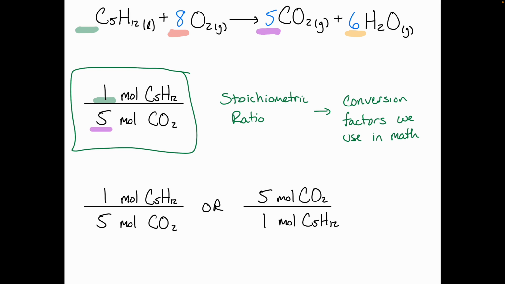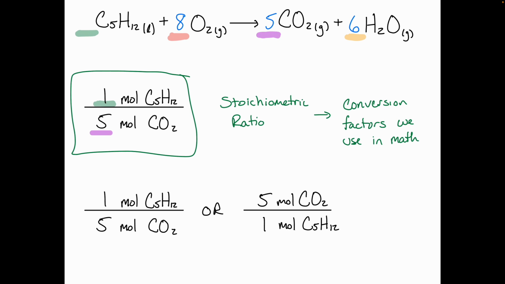Which one we're going to use depends on our problem and our math. We're going to pay careful attention to our units. Now, looking at this carefully, if I said 1 mole of C5H12 was consumed, how many moles of water were produced? What would you say? 6. So that's easy enough.